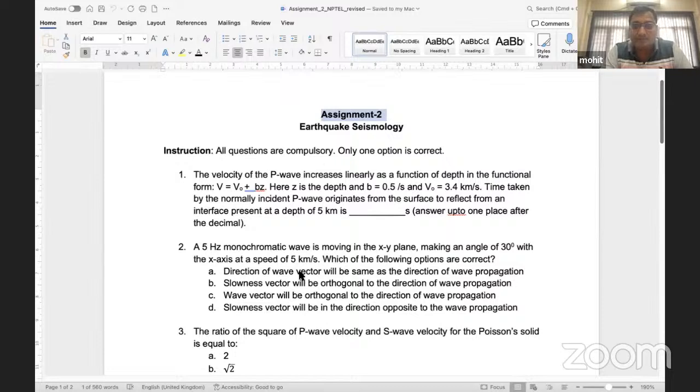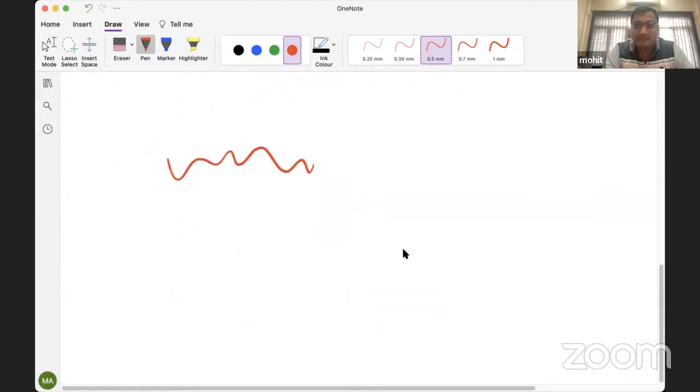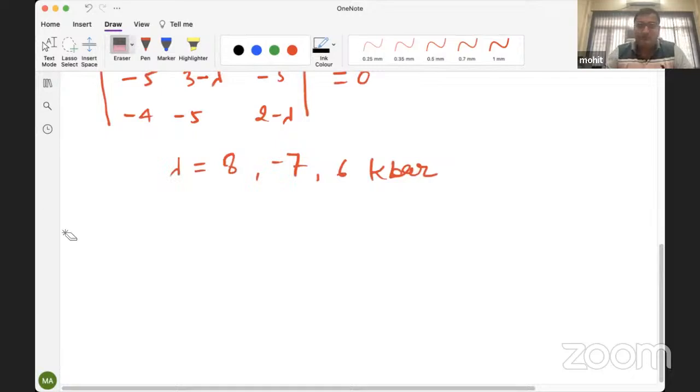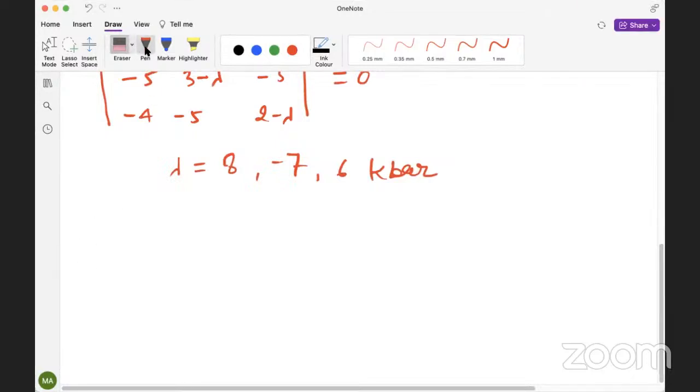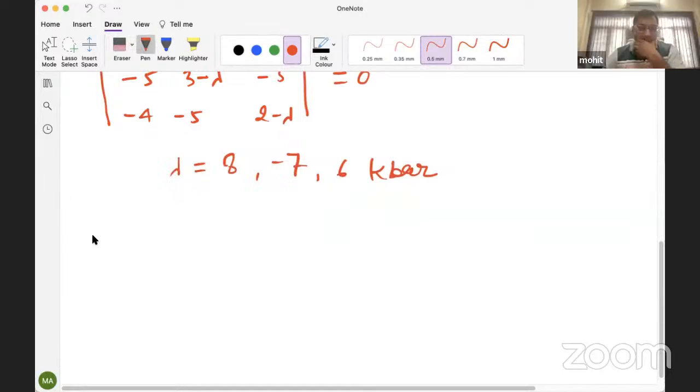For solving, the time taken, t, you can calculate as an integral of dt.